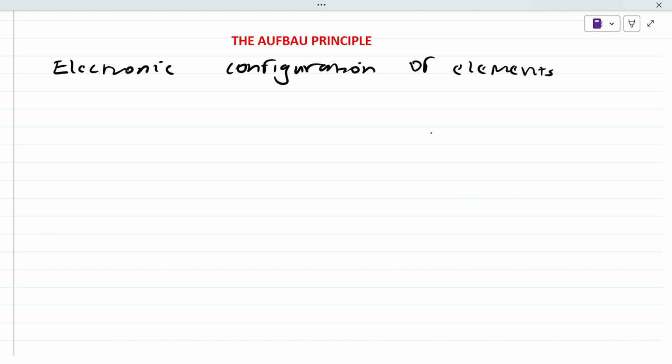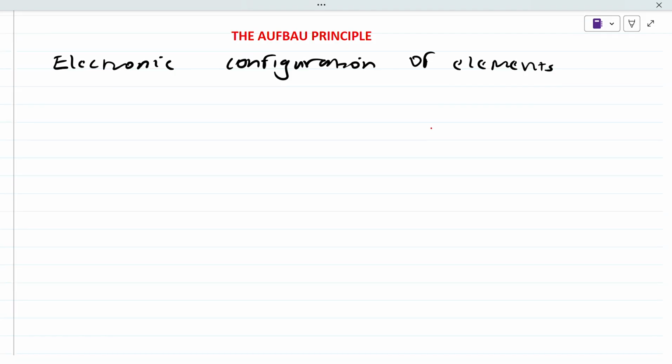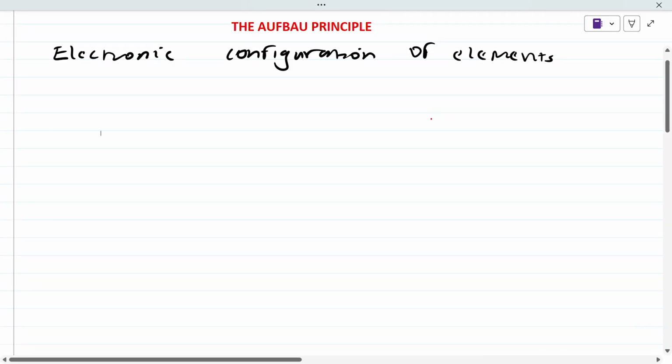Now, how do we come up with the Aufbau principle? I'm going to teach you how to draw a sketch of what Aufbau really did and how you can determine electronic configuration using his principle.